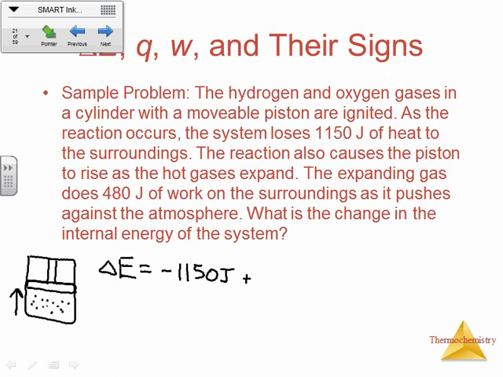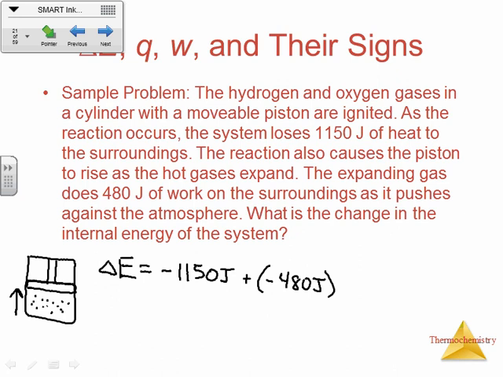Then we add that to the work done. The expanding gas does 480 joules of work on the surroundings. So 480 joules of work done by the system on the surroundings is also a negative number, because the energy is flowing into the surroundings out of the system. So plus a negative 480 joules.